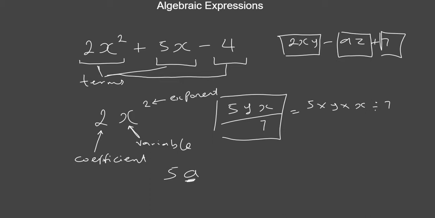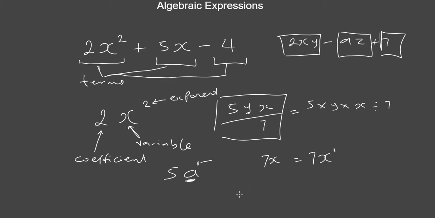So that is what makes up a term. We've got a coefficient, a variable, and an exponent. But there are certain terms that may not have an exponent, or the exponent is 1, in which case we don't typically write the exponent. For example, 7x is the same as 7x raised to the power of 1, but when the exponent is 1, you don't write it.